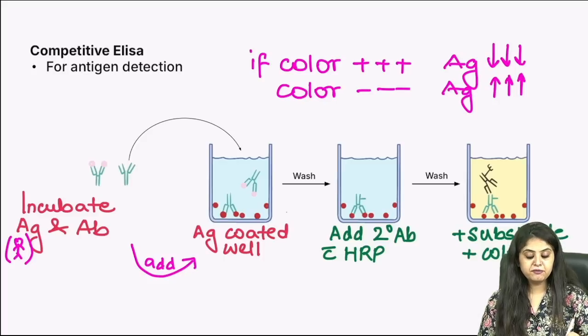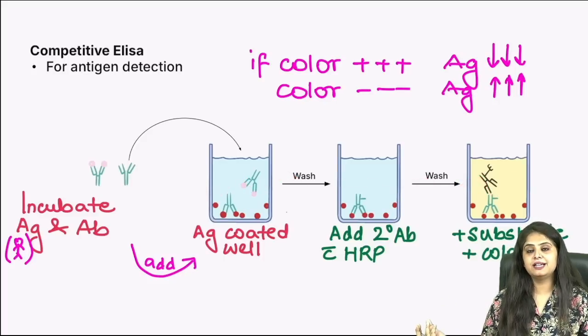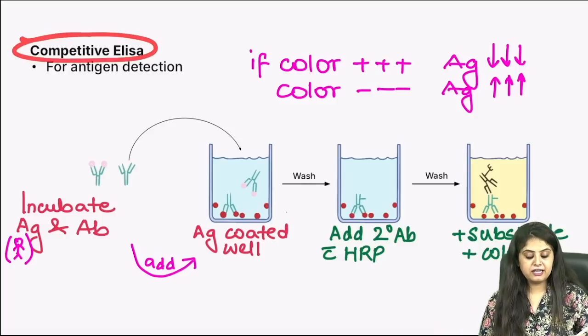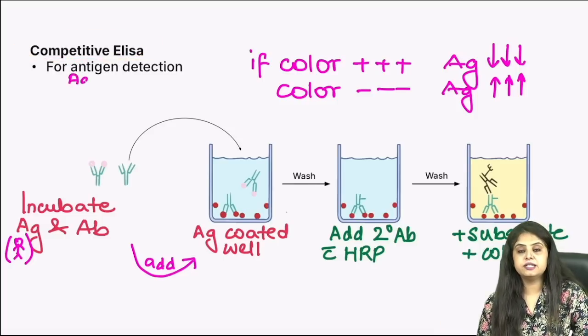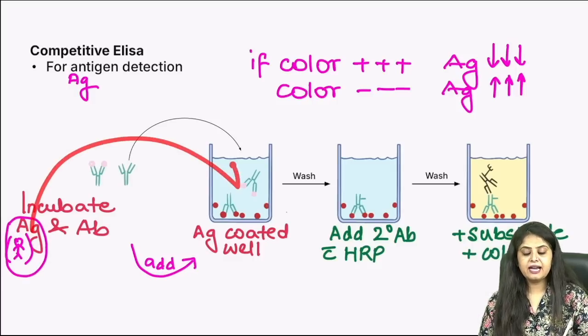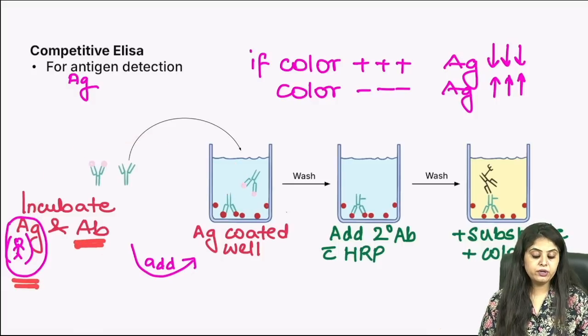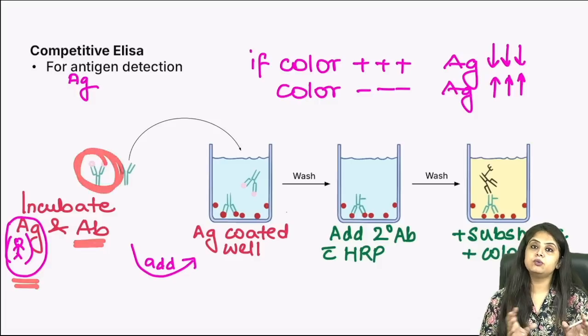This means that before whatever I add in this, I have done some extra step outside the ELISA plate. What is competitive ELISA done for? It is done for antigen detection. The sample I get from the patient is an antigen, but I'm not directly adding it into the ELISA plate. I'm finishing off the syllabus outside. I take the patient's antigen and make it react with an antibody outside only.